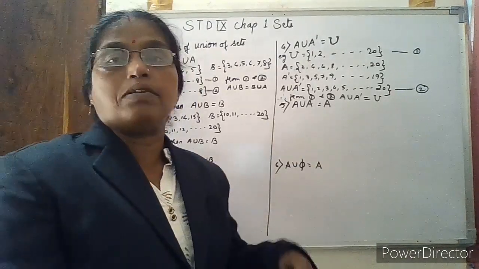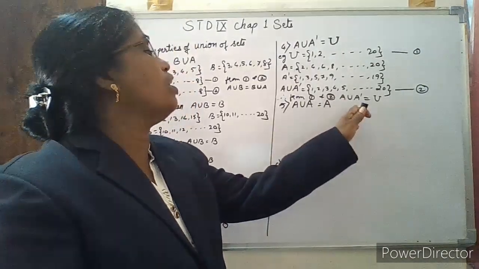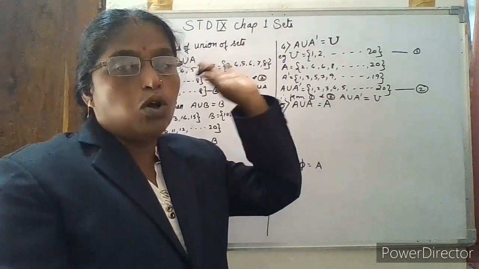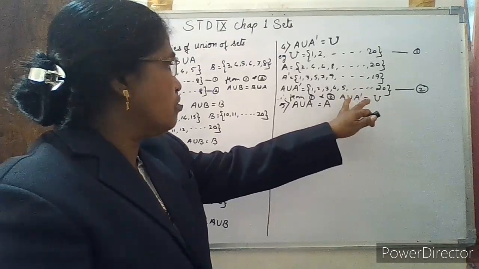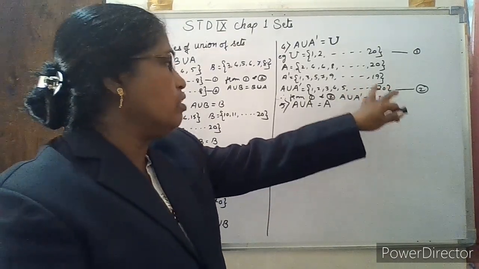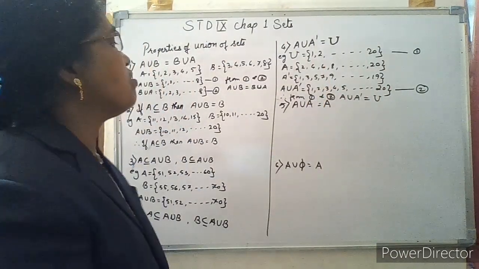C union complement of C is equal to the universal set. D union complement of D is always equal to the universal set.